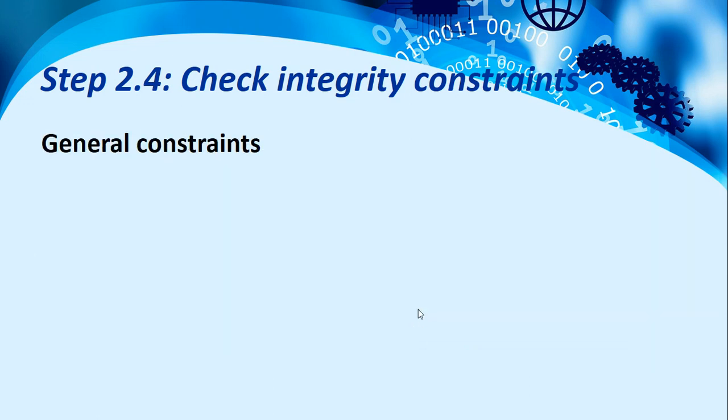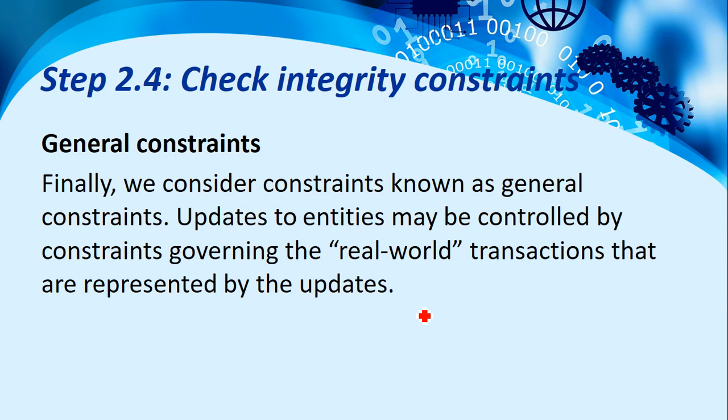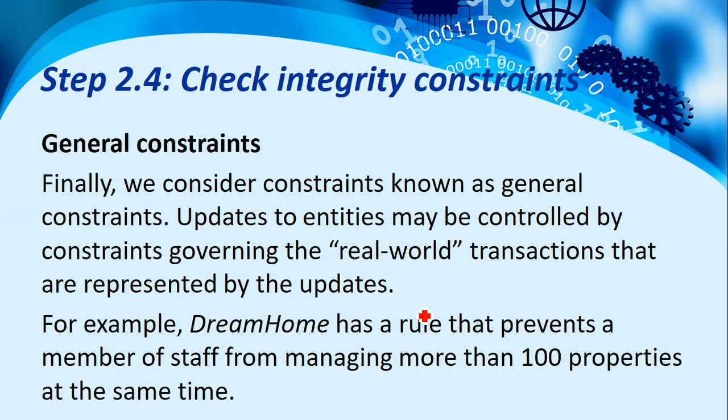Okay, so we also have general constraints. Finally, we consider constraints known as general constraints. Updates to entities may be controlled by constraints governing the real-world transactions that are represented by the updates. So, for example, Dream Home, let's say this is your company or enterprise or client.